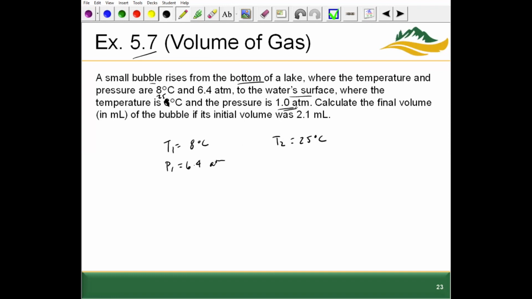The pressure at sea level, as expected, is 1.0 atmospheres. Calculate the final volume in mL. We want the final volume of the bubble if its initial volume is 2.1 milliliters. We have not yet used one that connects temperature, pressure, and volume, so let's go back up to our table and see what equation we might want to use.